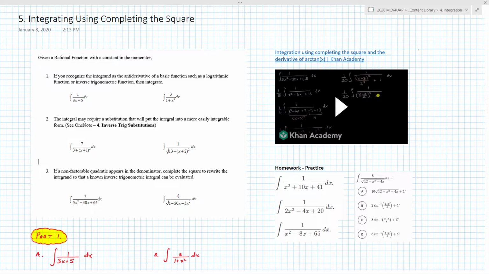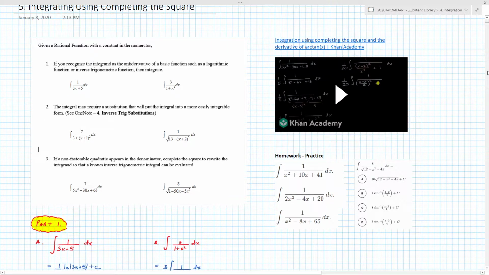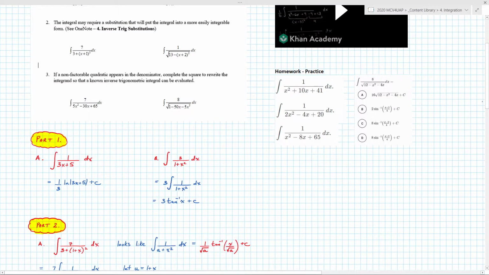So examples, I've got those two examples there, so there's the answer. The integral of 1 over 3x plus 5 is just 1/3 natural log 3x plus 5 plus a constant. There's no magic there. That's just applying the basic derivative rules.